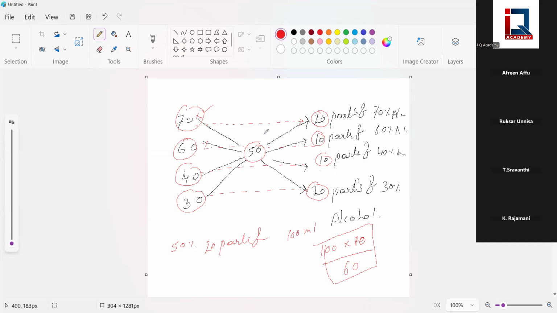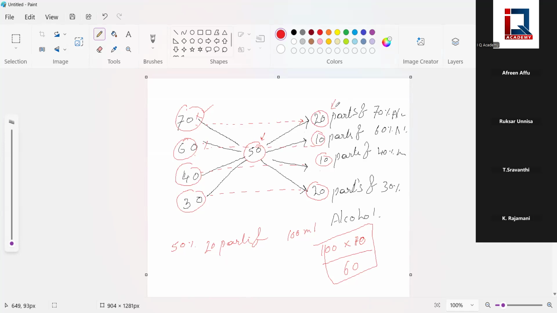You will get 100 ml of 50% alcohol, how much to take. How to cross check? By adding those parts. Do it and see. First this, 100 into 20 by 60, how much? 100 into 20, 2000 by 60. 33.